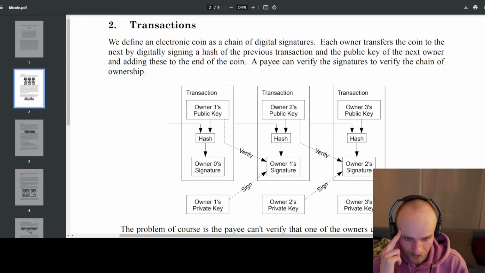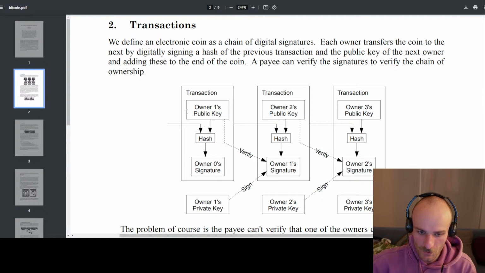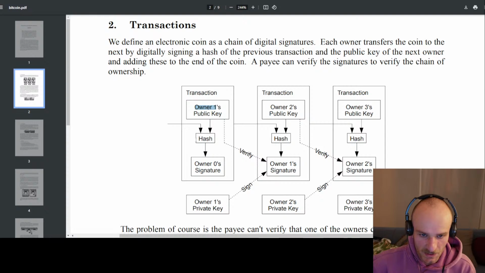That peer sent instructions of ownership of those tokens. So owner 0, let's say, instructed the network that these tokens pertain to owner 1, and he hashed that transaction using owner 1's public key.